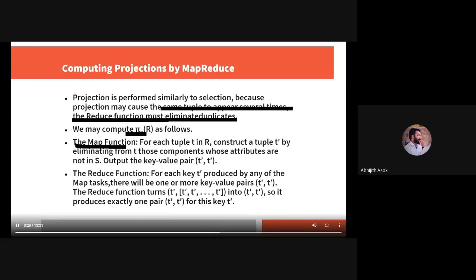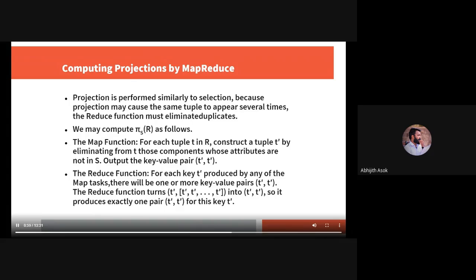So we will eliminate all the components whose attributes are not in S. The output will again be a key value pair. Then the reduce function: for each key T', if it is produced by any of the map tasks, there will be one or more key value pairs T', T'.